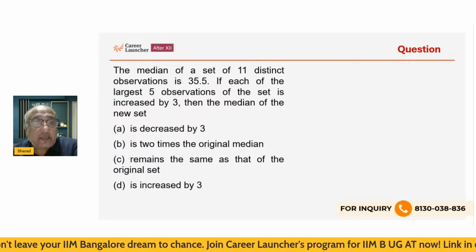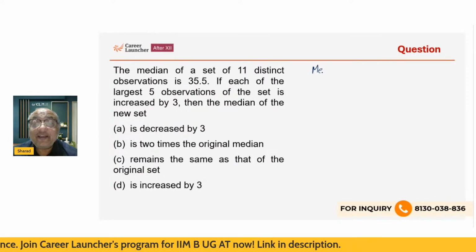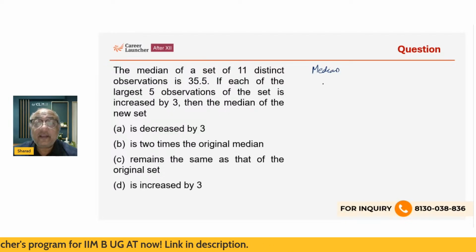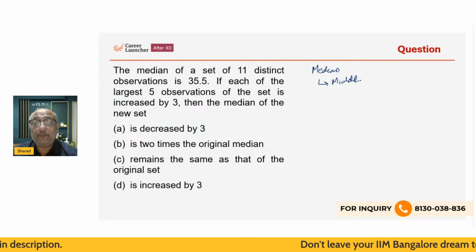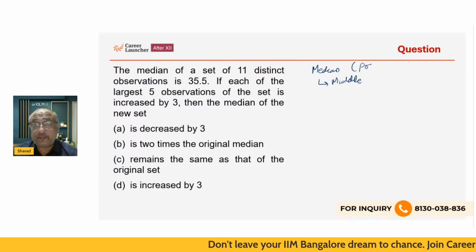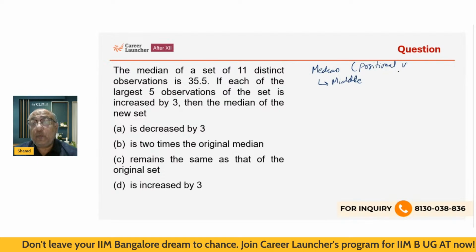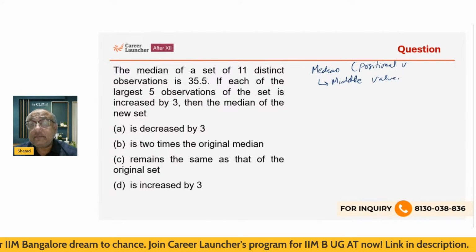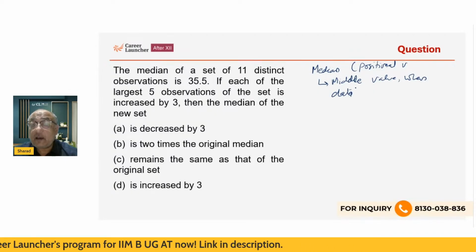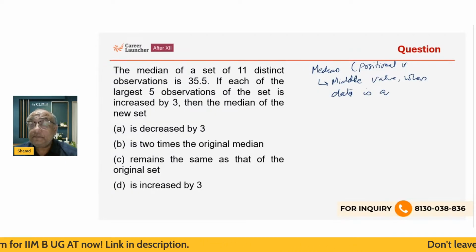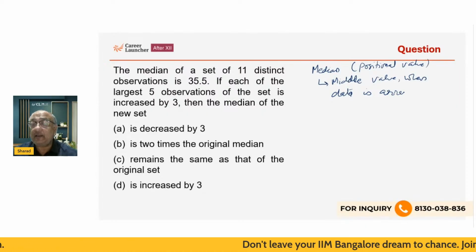Okay, so let's now move to this question. This is asking about median. What is median? Median is the middlemost value. It's a positional average. It is the middle value when data is arranged in ascending order.